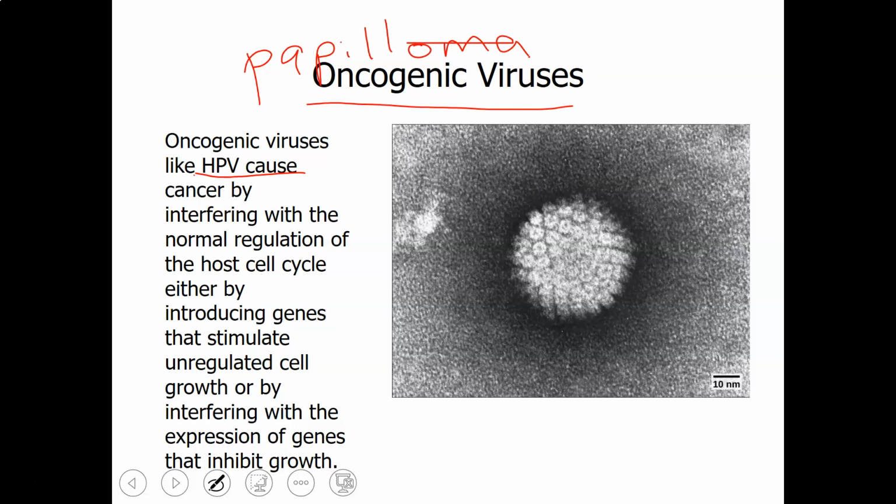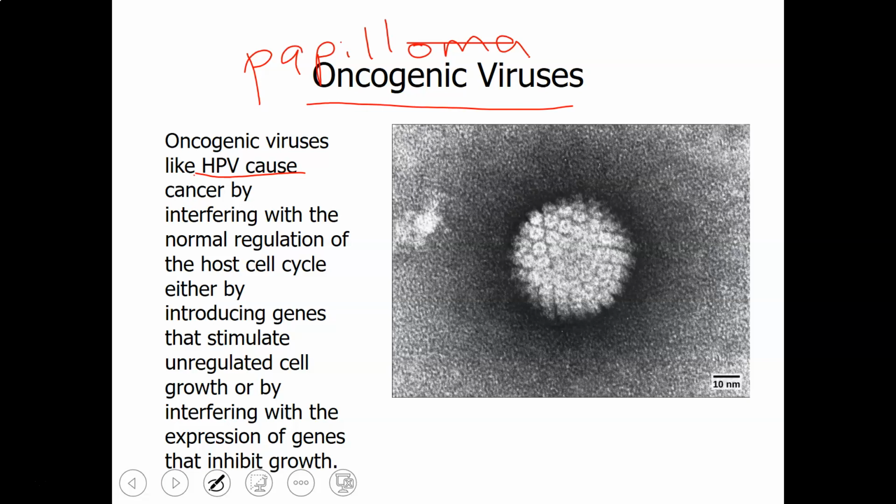What it does is cause genital warts in males and females. However, after the genital warts are treated and they go away, years later, a female can actually develop cervical cancer due to the virus presence in her body.